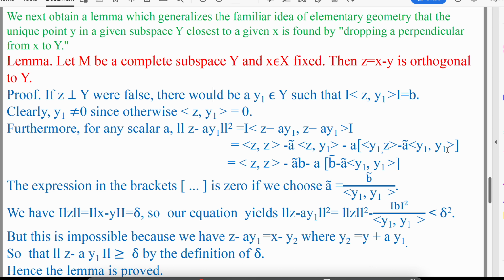If we substitute a bar equal to b bar upon inner product of y1 with y1, then this will be inner product of z with z, minus a bar, and inner product of z with y1 is b. This we have already taken. So a bar into b, minus a. This is inner product of y1 with z. It is z with y1, so I have written b bar here. Conjugate.